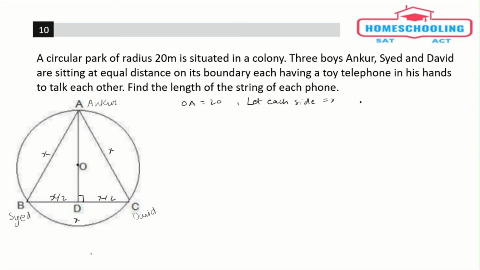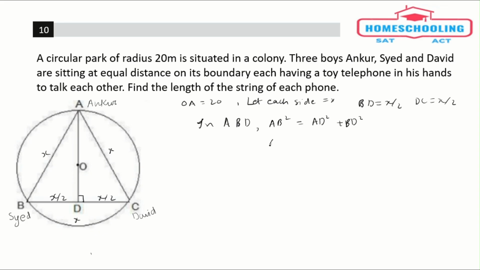So BD is equal to x by 2, and DC is also equal to x by 2. Now let's put Pythagoras theorem in triangle ABD. AB square is equal to AD square plus BD square.